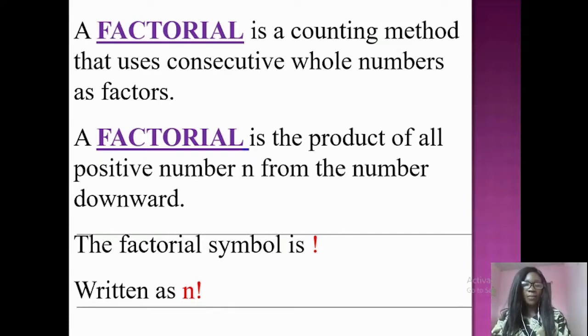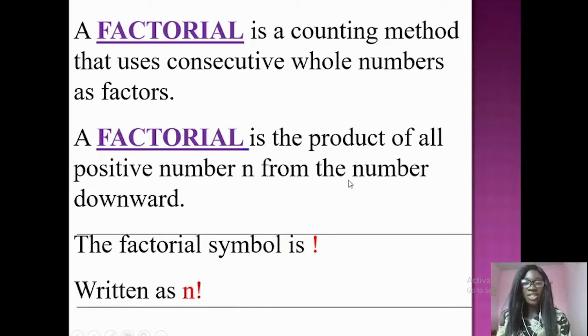Our symbol for factorial is the exclamation mark, and we write it as n factorial. So n can be anything. n is the number we are looking for. Let's say find the factorial of 5. Here it's going to be 5 factorial. In 5 factorial, you can guess how we're going to solve that.